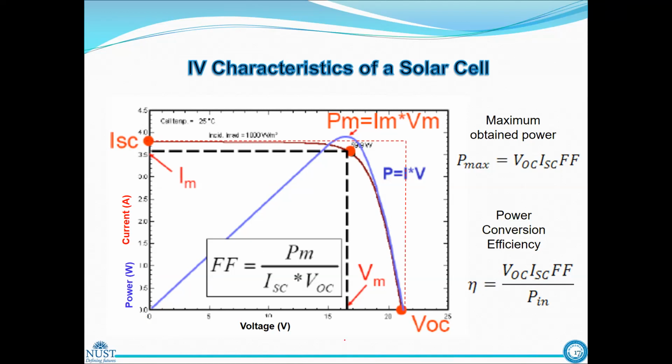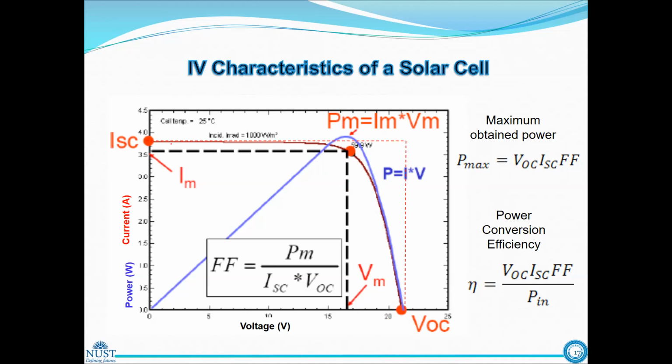When we increase the applied voltage, there is a certain point where there is no current, even though we have applied the voltage. This value is known as the open circuit voltage. So the third important parameter in this IV characteristic curve is the maximum power point.